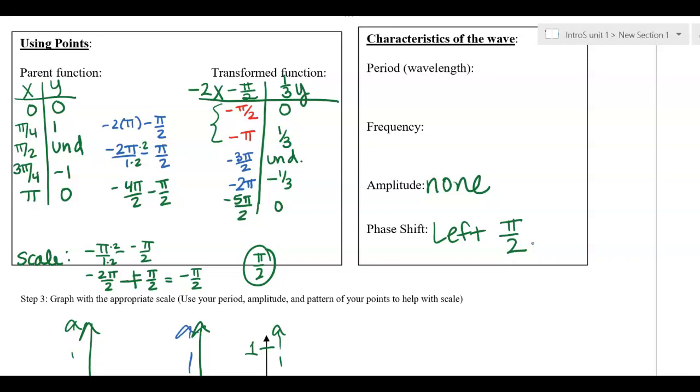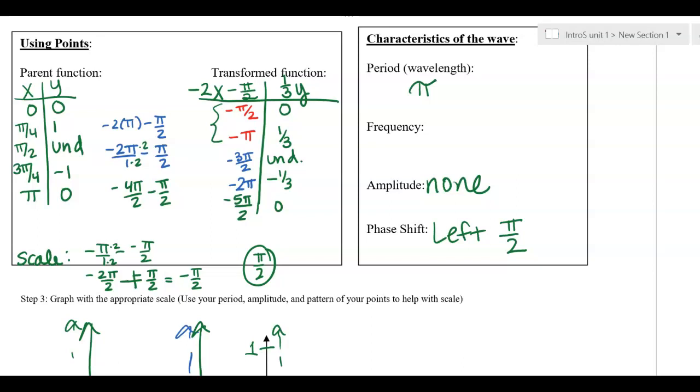Frequency is something that I should know once I know the period, and period I have to figure out a little bit, okay? So what's normally the period for a tangent function when we looked at the parent? Pi. What adjusts the length of the period? What kind of transformation? What's that? I didn't hear you, sorry. Okay, good. The B value is what's affecting it, whether it was horizontally stretched or compressed.